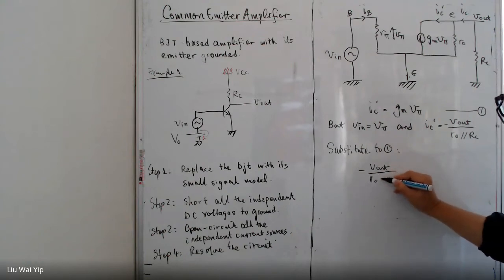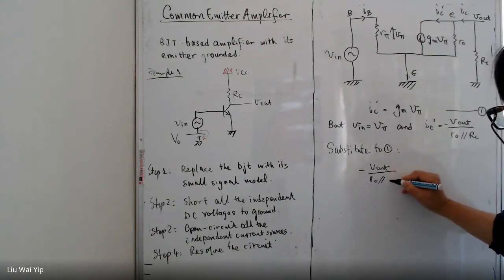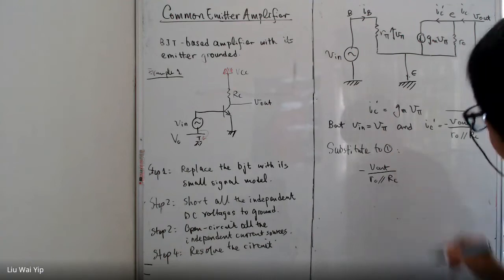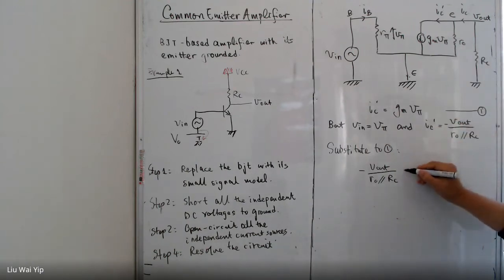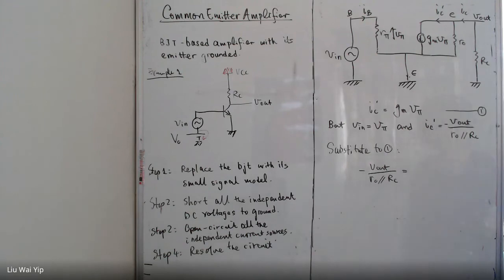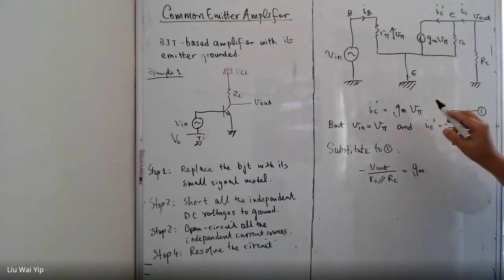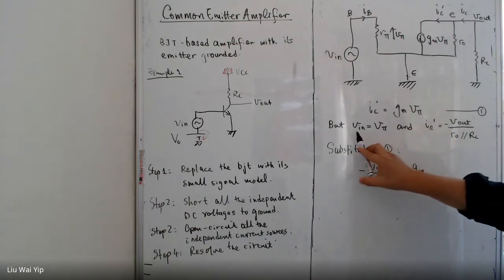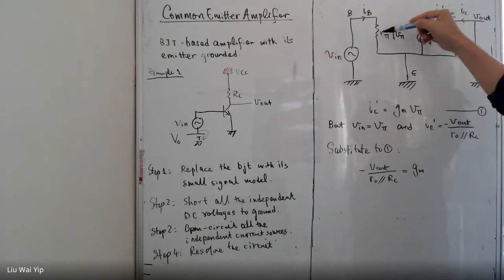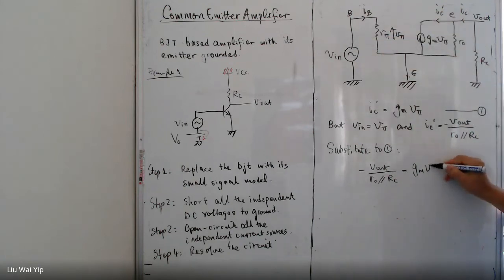And then r pi, r naught in parallel with RC. And now, on the right side of the equation, we have gm left. And do not forget, V pi here, as we explained earlier, is equal to Vin. So Vin.